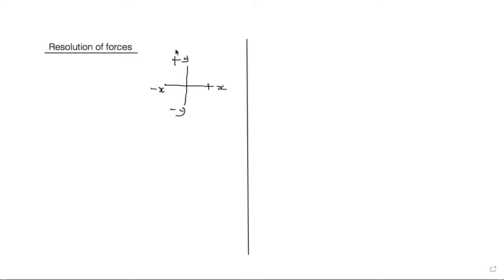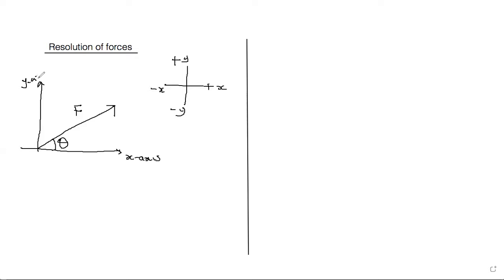Let's say we have the Cartesian coordinate system, and you have a force F that is inclined at an angle theta to the horizontal. This is the y axis, this is the x axis.